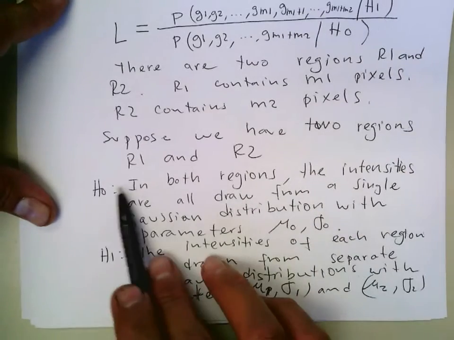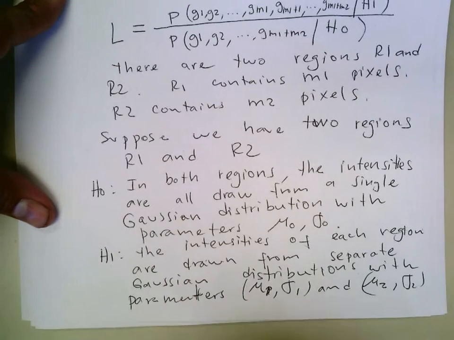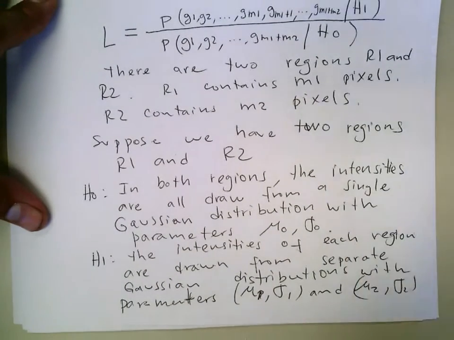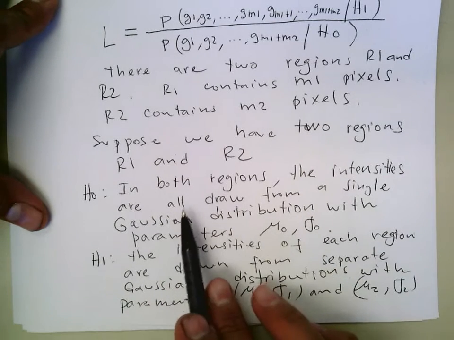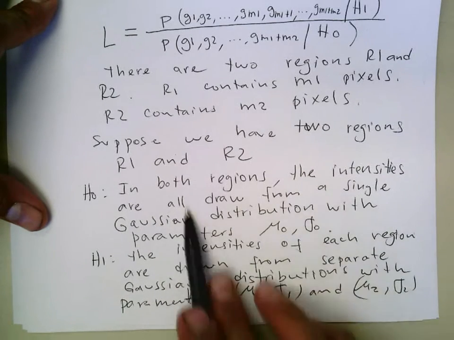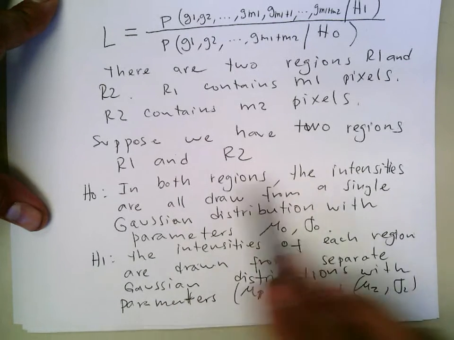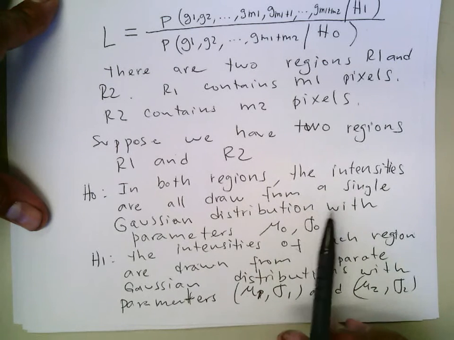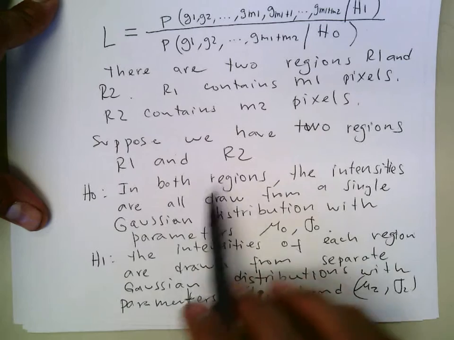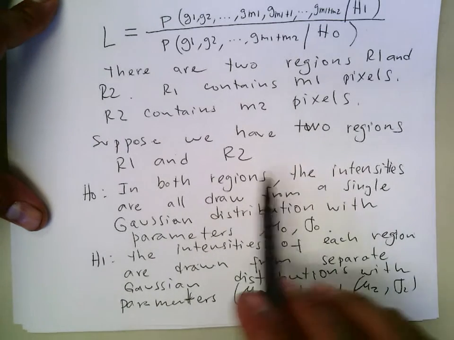So in the definition of H0 and H1, which I think we discussed in other lectures, we say something about the likelihood ratio. We talk about the regions, and we say, let's say that there is basically no change between the two images. In that case they have the same Gaussian, or normal, distribution, with the same parameters.